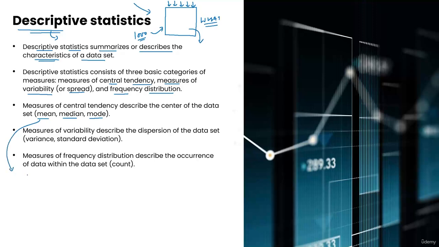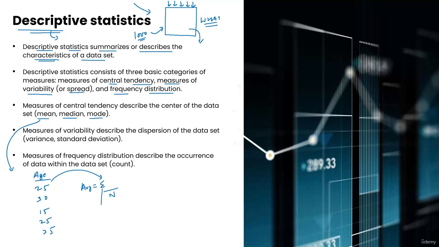Let's say I have 5 people and the ages of these 5 people are 25, 30, 15, 25, 35. Now, what if I ask you what is the average age? We already know what is average. Average is nothing but the sum of all these numbers divided by the total population.